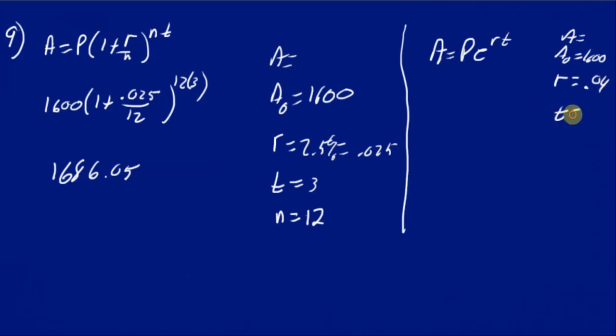The time is still 3 years, and we don't have any n because it's compounded continuously. That's why we're using our e. So that's 1,600 times e to the rate 0.04 times time of 3, and that's going to be $1,803.99.